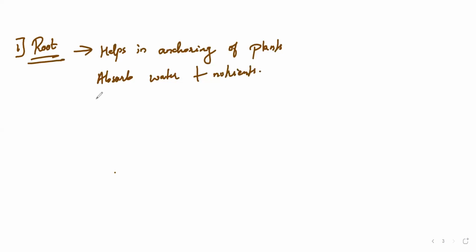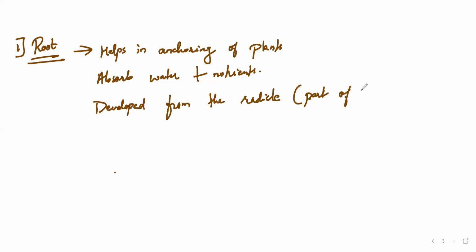And as I told you, it's developed from the radicle, which is nothing but the part of cotyledon. So basically, the root which is there, it is having three major regions.